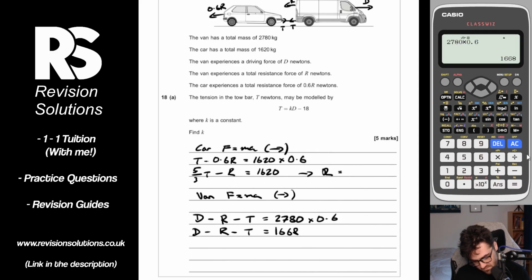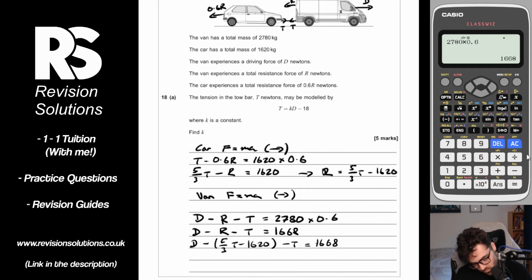It would be 5/3 T minus 1620. And now let's substitute that in here. So we'd have D minus, and then put a bracket around this so we don't make a mistake, 5/3 T minus 1620, minus T equals 1668.